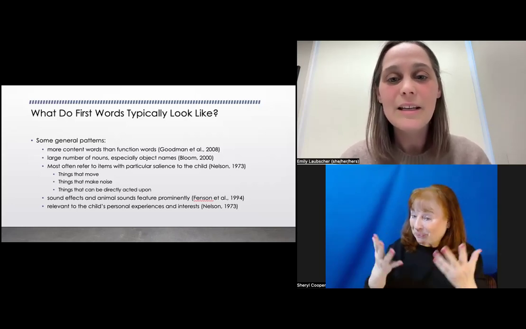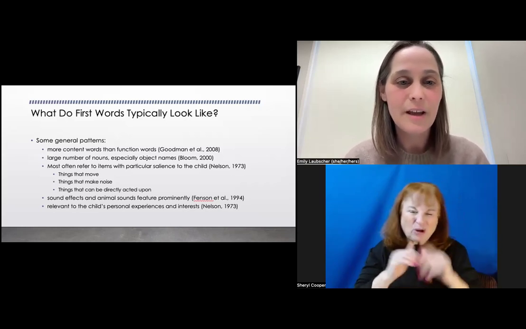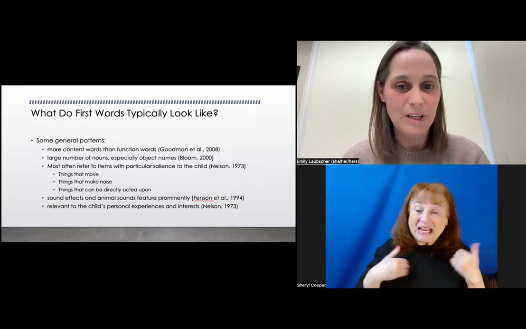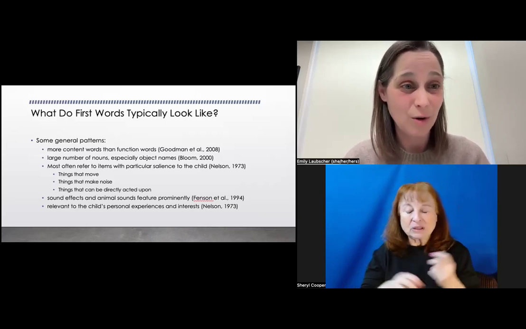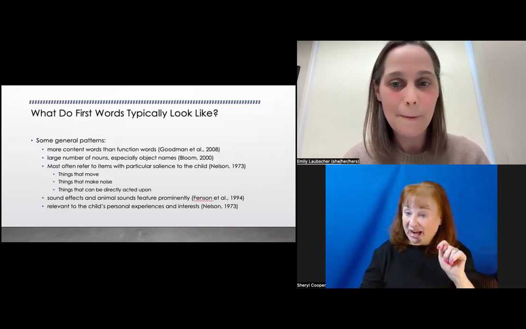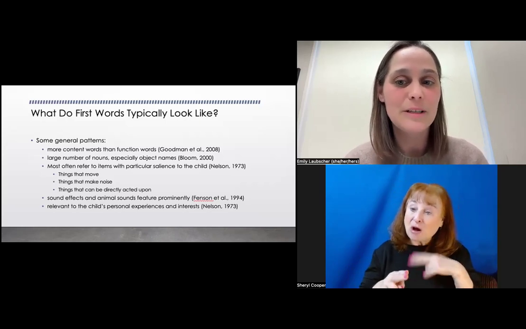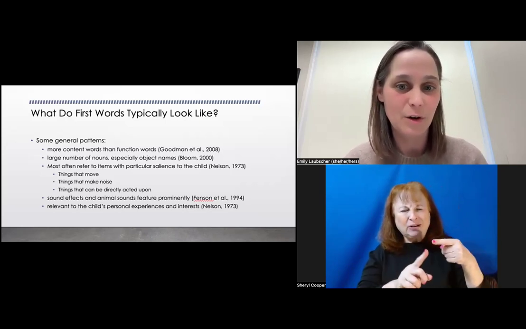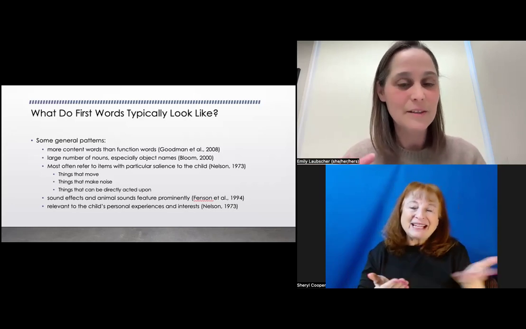In addition to using more content words than function words, young children, when they just start to speak, tend to use a lot of nouns and especially object names. They also tend to talk about items that are particularly salient in their world. This includes things that are easy to sense and easy to notice.